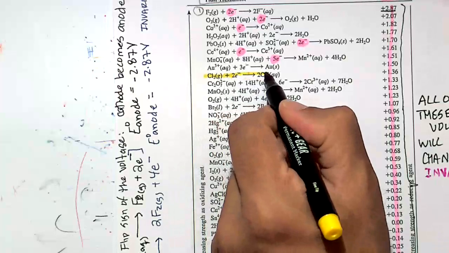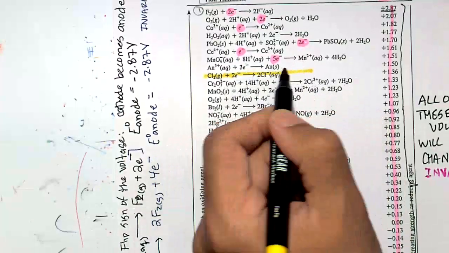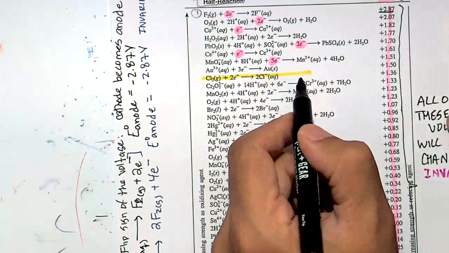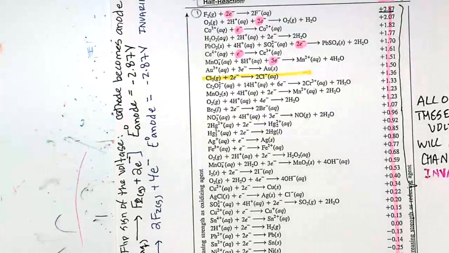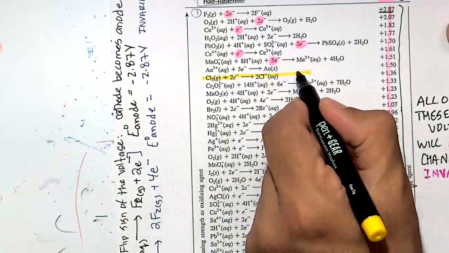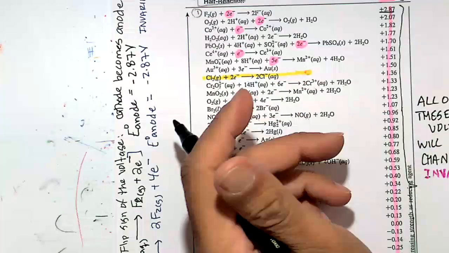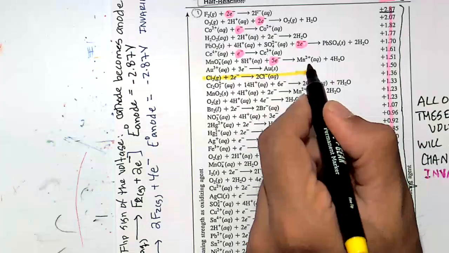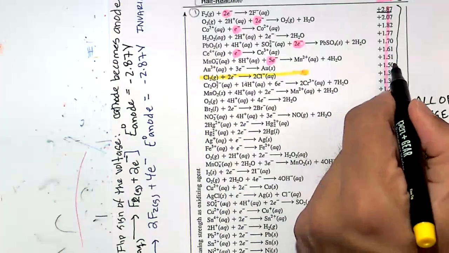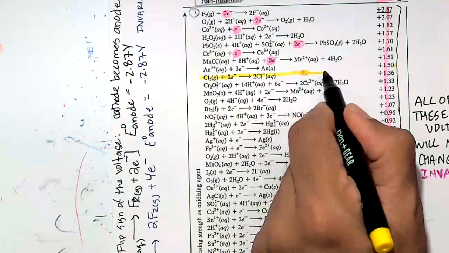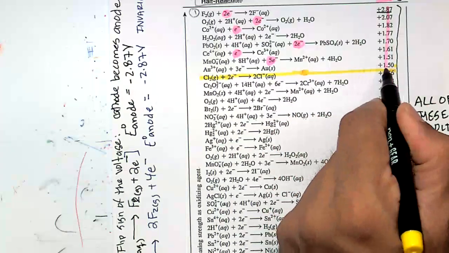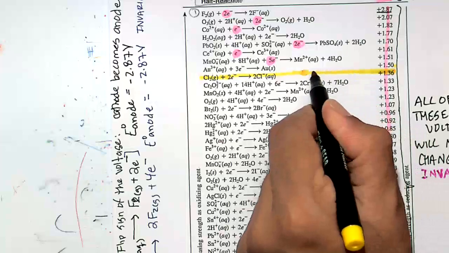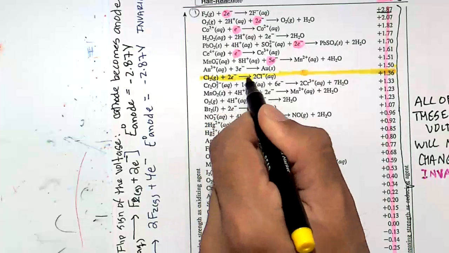I'll highlight it in yellow. Cl2 plus 2e minus goes to 2Cl minus, and what is the voltage? Is it 1.36 or 1.50? This is 1.36.